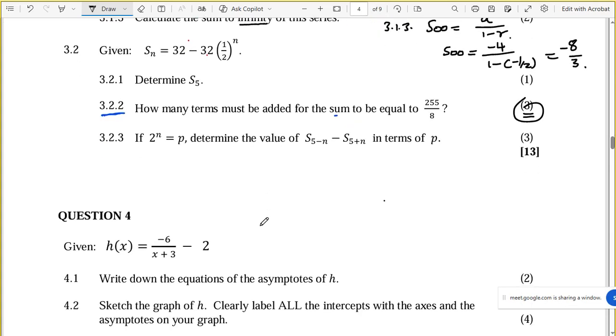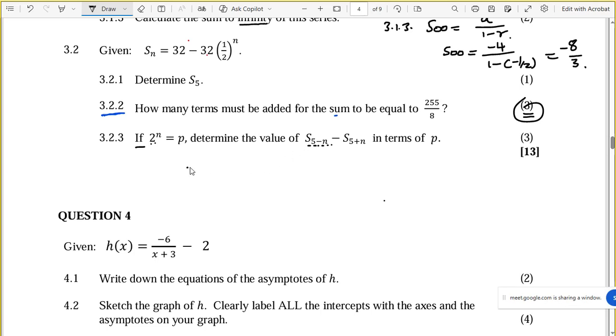Guys, look at this. If 2 to the n is equal to p, determine the value of this in terms of p. This is also another 3 marks. Let's first find s of 5 minus n, meaning that on the equation, where there's n, we put 5 minus n.